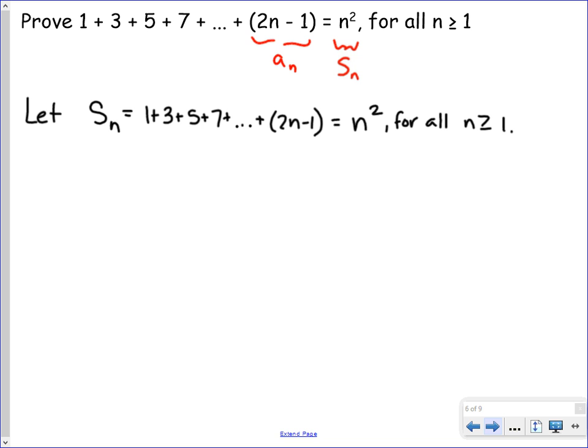Okay. We're going to start with our first step, which is our base step. We're going to show what the sum of the first term is using that formula. So the sum of the first term, remember the sum of the series is n squared. The sum of the first term then would be 1 squared, which is equal to 1.